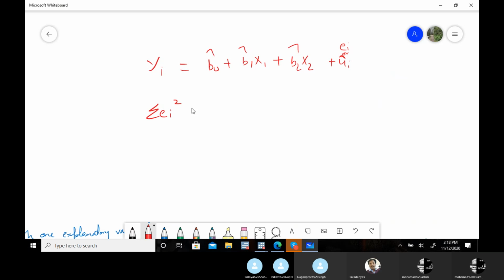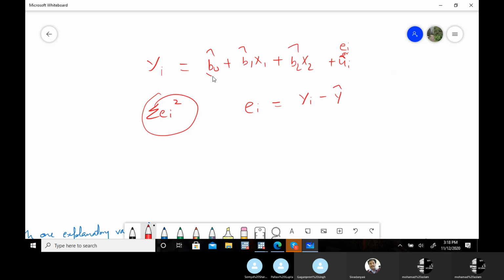This is what we are minimizing in the OLS method. So what is the value for this particular residual part? This residual part, this ei, is yi minus y hat.